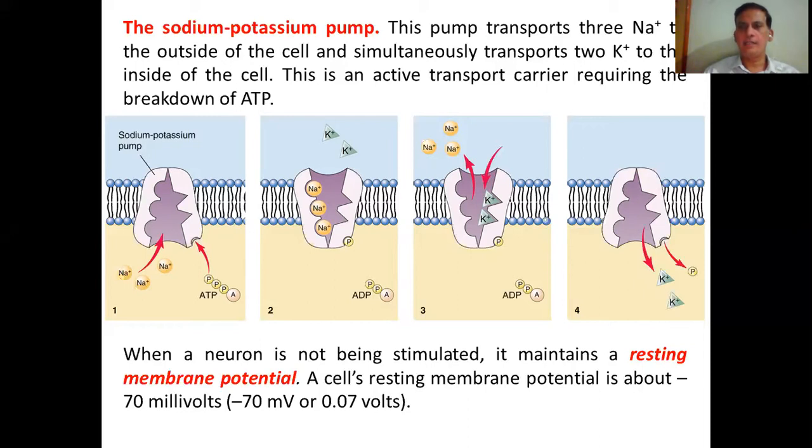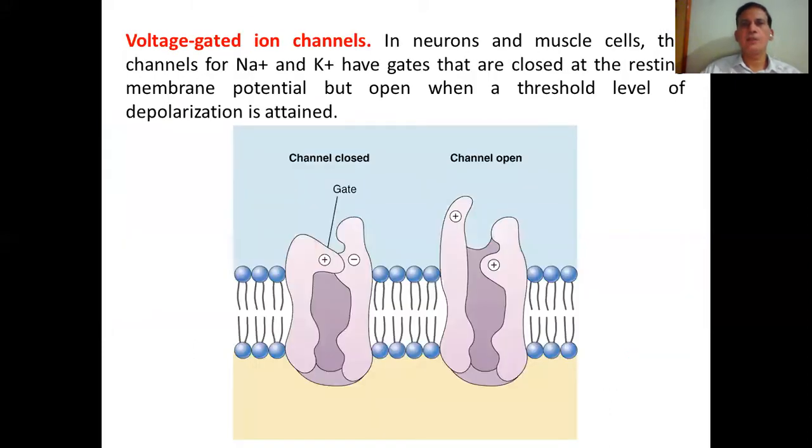Now, this resting membrane potential is about 70 millivolts, which is also 0.07 volts. So this is a typical representation of voltage gated ion channels. In neurons and muscles, there are channels especially meant for sodium and potassium. At the resting membrane potential, these gates are usually closed.